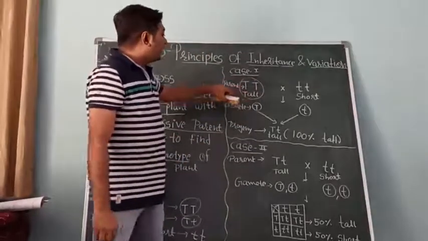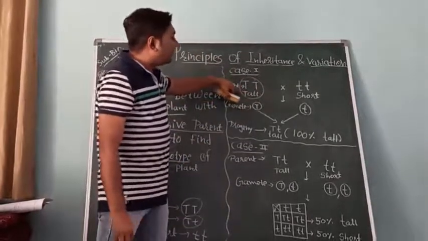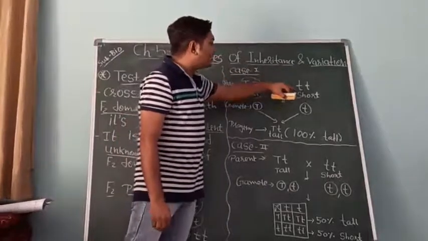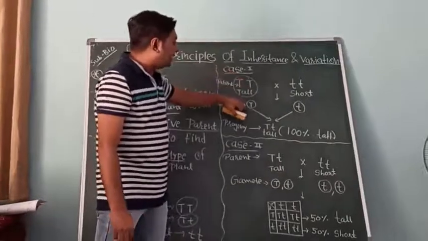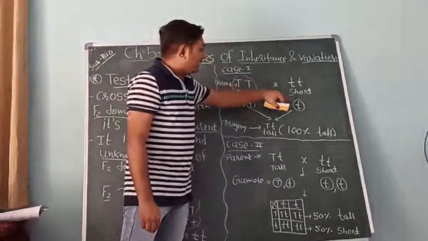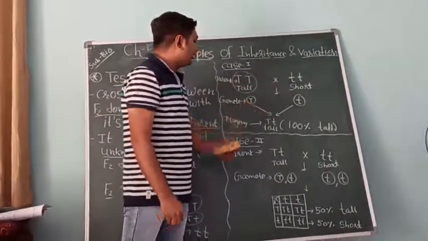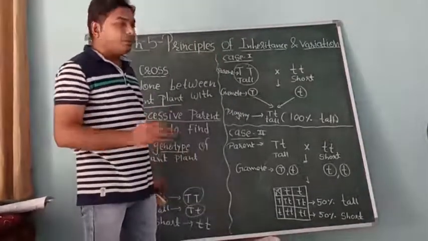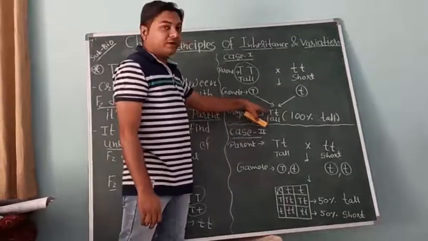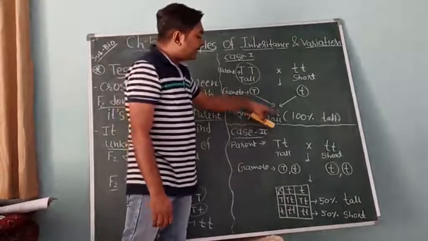We cross this capital T plant with its recessive parent, small t small t. The gametes of this plant are capital T and the gametes of this plant are small t, and the progeny have genotype capital T small t, and the phenotype of all the progeny is tall due to the dominant effect of capital T.